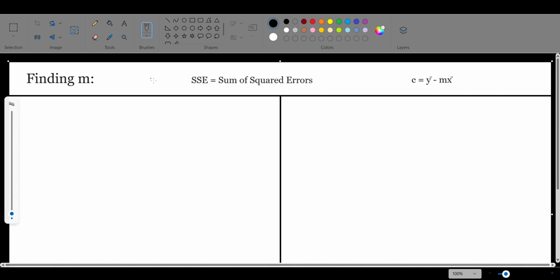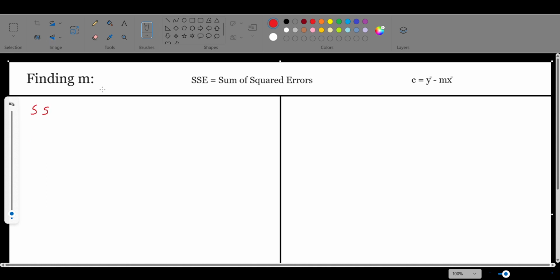Okay, so we start off in the same way. This time, let me first change my pen color. We are going to find the derivative of SSE with respect to m, right? First let me write down what SSE is equal to so that it's easier for us to find the derivative.